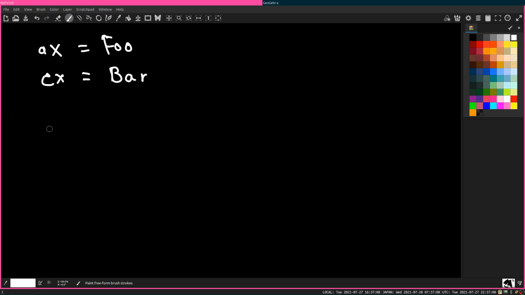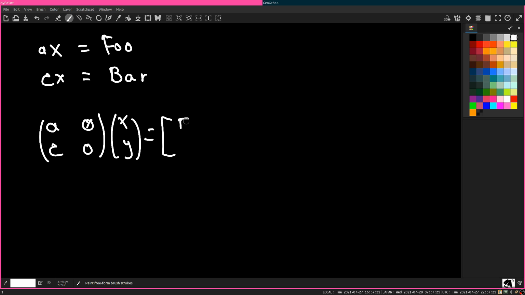So this is equivalent to the matrix [A, 0; C, 0] times (x, y) is equal to (foo, bar). And then obviously the determinant of this matrix is A times 0 minus 0 times C, so this determinant is obviously equal to 0. So in the case where we have two vertical lines, the determinant is 0.